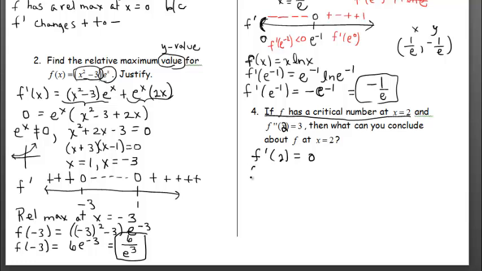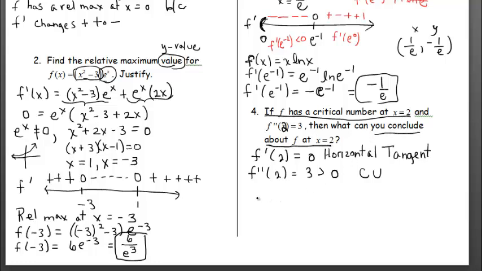And then it goes on to tell us that the second derivative at 2 is 3. Second derivative is tied to concavity. It's positive, so that means the graph is concave up. So we have a horizontal tangent at x equals 2, and the graph is concave up at x equals 2. So what can we conclude about the function at x equals 2?